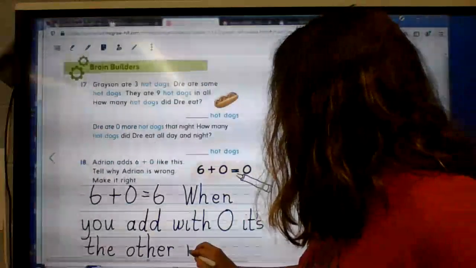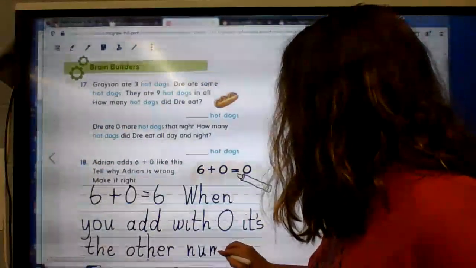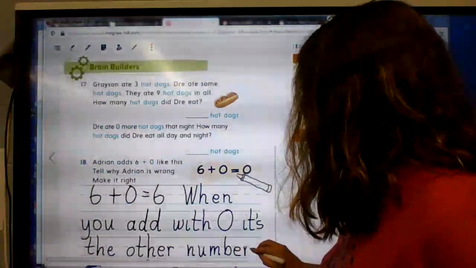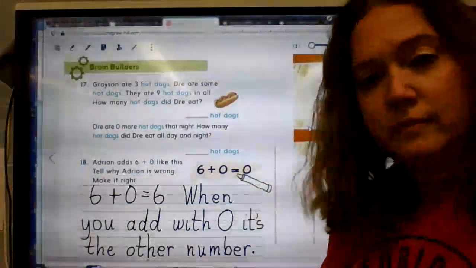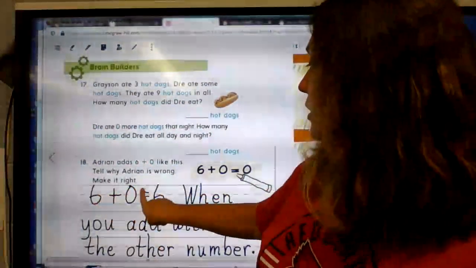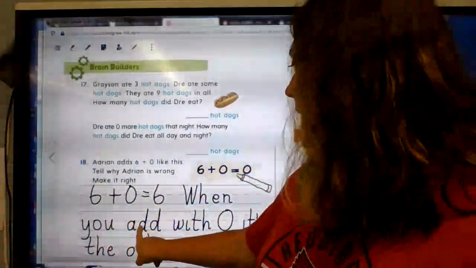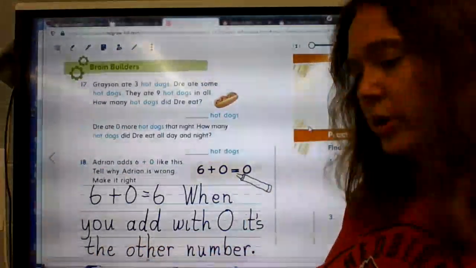Other number, N-U-M-B-E-R. 6 plus 0 equals 6, not 0. When you add with 0, it's the other number.